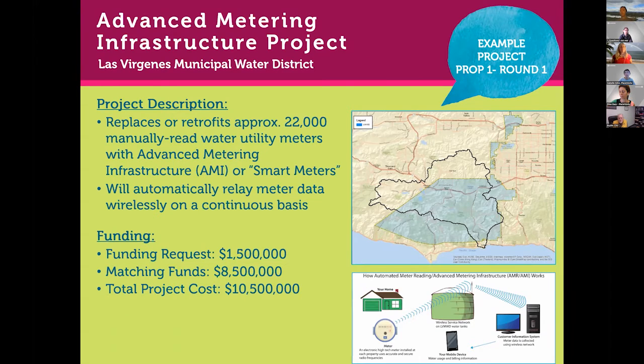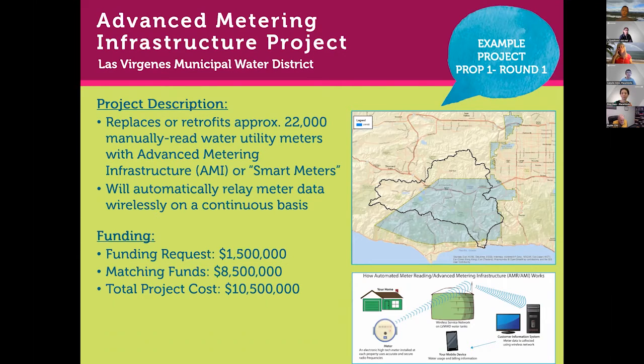One of the projects right now that is also in Prop 1 is an intertie between Las Virgenes Municipal Water District and the Calleguas Municipal Water District, which allows those two entities to benefit from one another's supply capacity should one of them have a problem in their system.